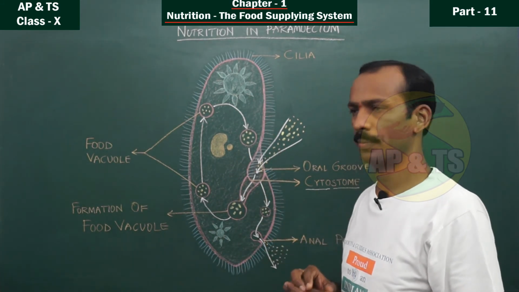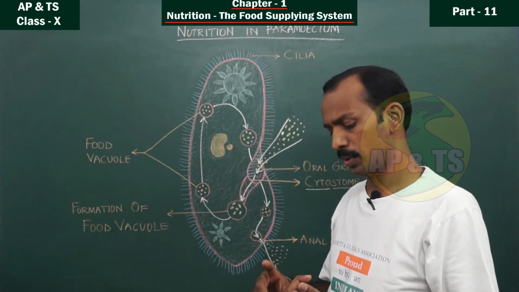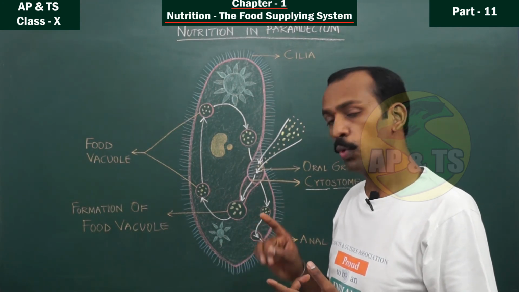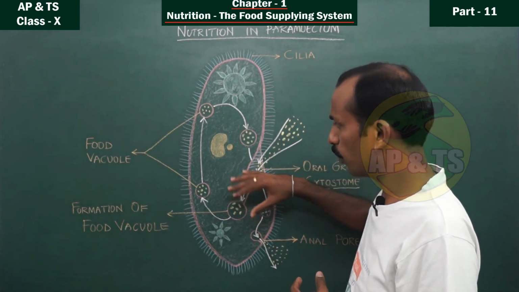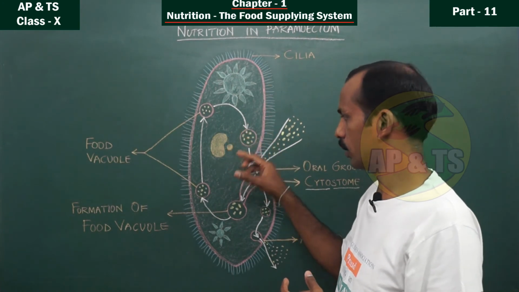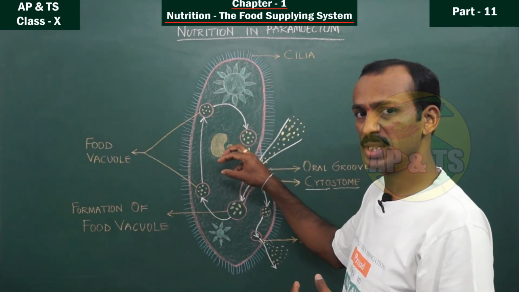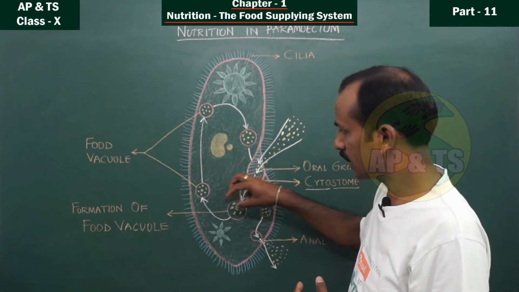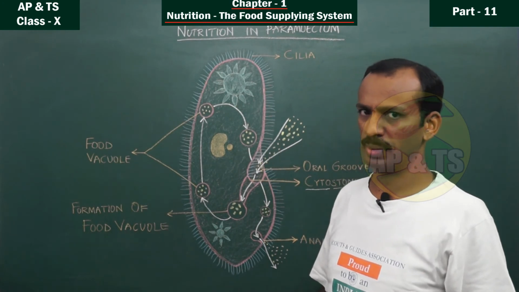Then assimilation. This paramecium also has life processes like respiration, movement, etc. So if it wants to move, then it needs energy. So whatever food is absorbed, the food present inside the cytoplasm, that is utilized. This is called assimilation.